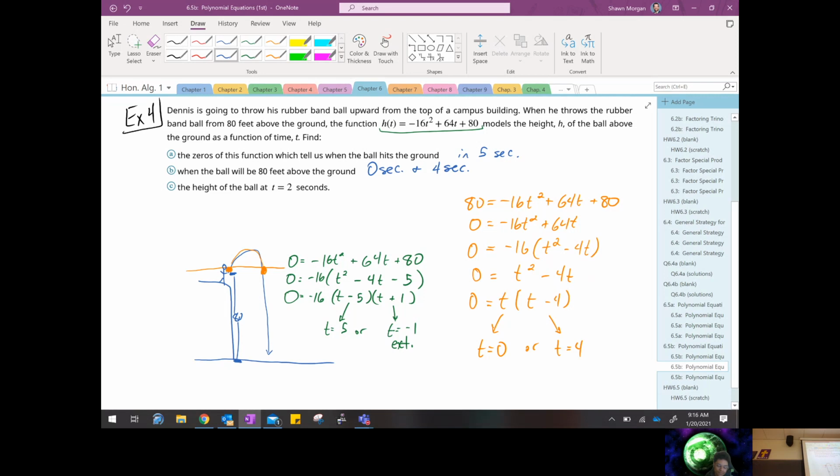Go ahead, Luke. So at part C, you raised your hand. You tell me, how do I find the height when t equals 2? I know I answered now. That's okay, Drake. Would it be like the vertex part, like the highest part?